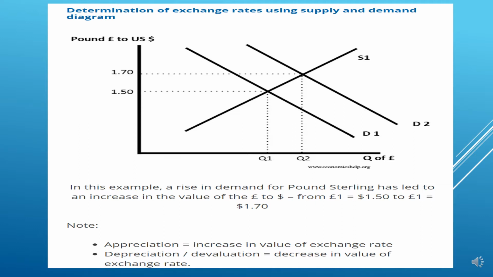What is happening is that a rise, let us say, in the demand for pound sterling has led to an increase in the value of the pound to the US dollar from 1.5 to 1.7. So when there is more demand for pound sterling, its value has increased.